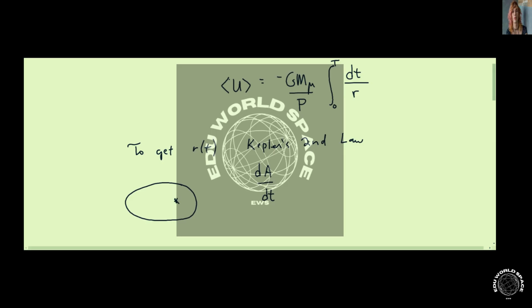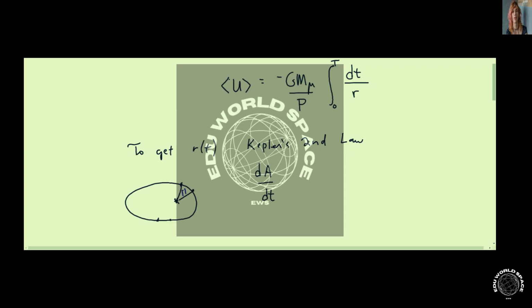So the sun is sitting, we'll make it easy, we'll put the sun at a focus, and we'll put a little planet going around the sun. And what we're told is that between any two points that the planet makes, the area that it sweeps out per unit time is a constant.